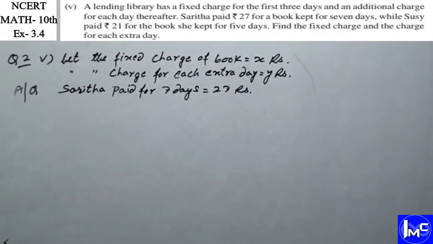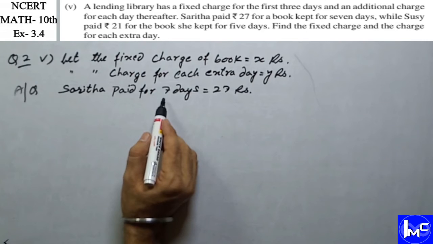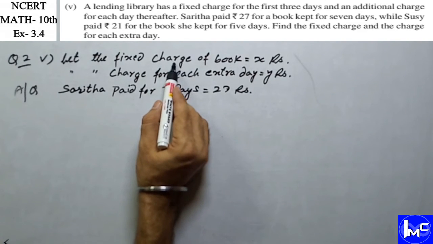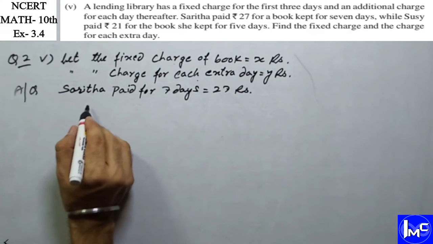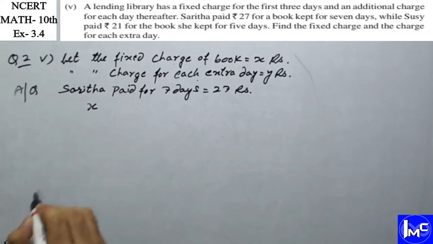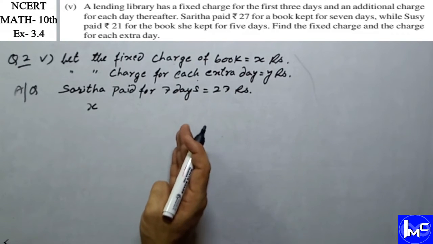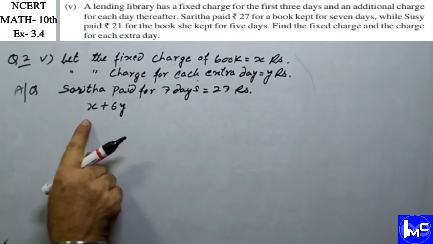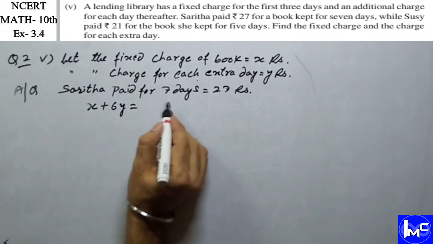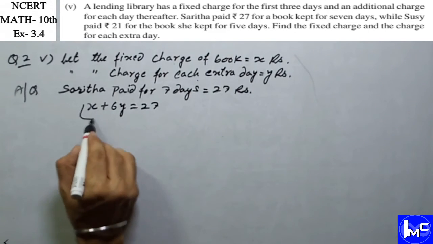It means Saritha has paid the fixed charge and the charges for each extra day. The fixed charge for the first day is rupees x, and there are remaining 6 days, and the charge for 6 days will be 6y, and the total charges will be 27. This is our first equation.